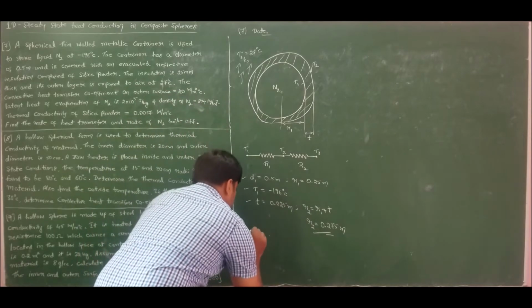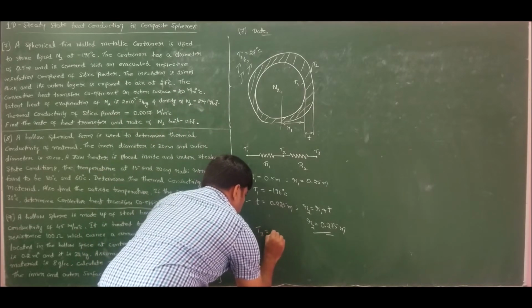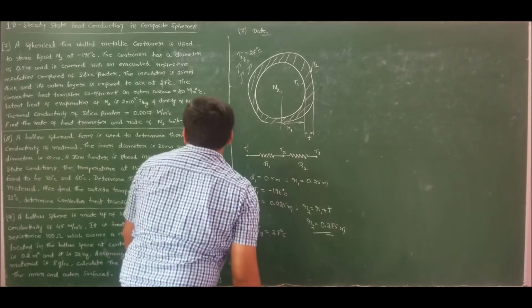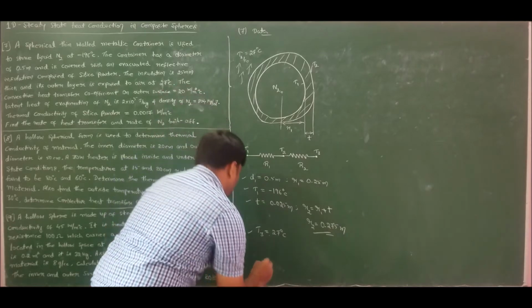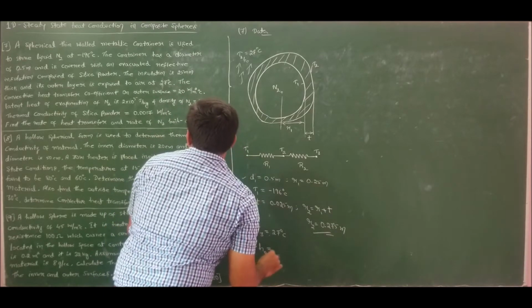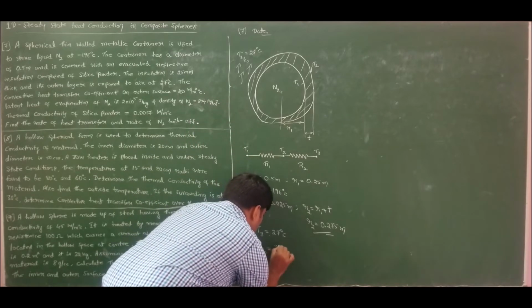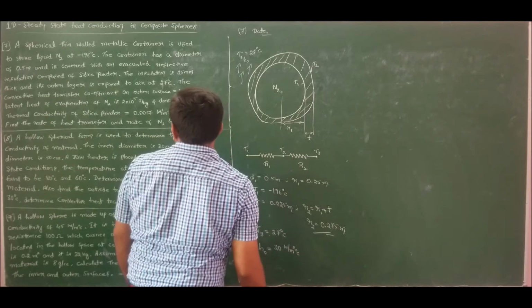The ambient atmospheric temperature, which is taken as T3 for this problem, is 27 degrees Celsius. The convective heat transfer coefficient at the outer surface, that is h0, is 20 watt per meter square degree Celsius.